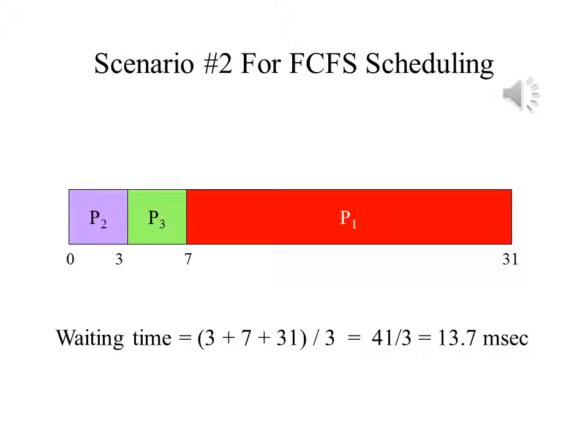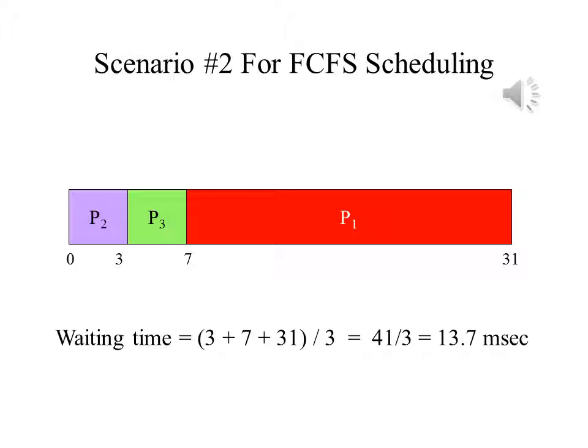If we reorder these processes, placing P2 at the front and P1 at the rear of the queue, the whole picture changes. P2 takes only 3 milliseconds. P3 waits these 3 milliseconds as well as taking 4 milliseconds of its own.